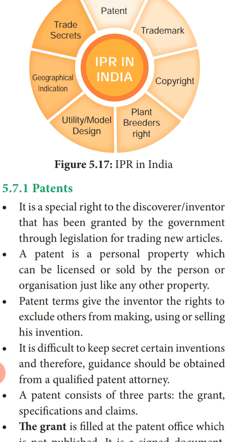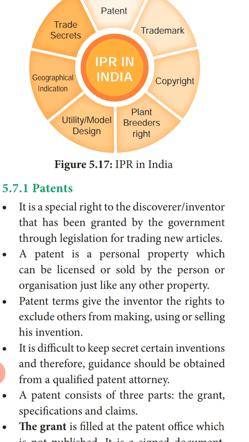As a person who owns a house has the right whether to keep it, sell it, give it as rent, or give it on lease, similarly a discoverer has a right to give the license or sell it. He can give a license to other people to use that article or object, or he can even sell it like any other property.